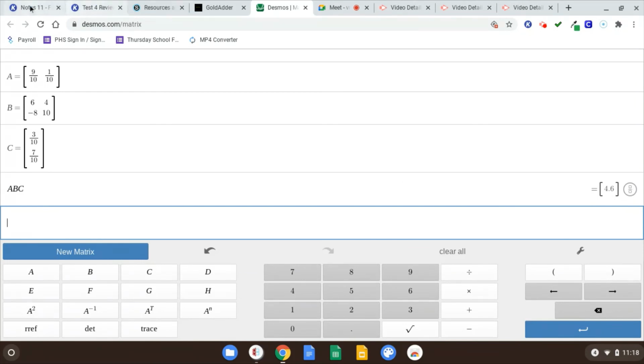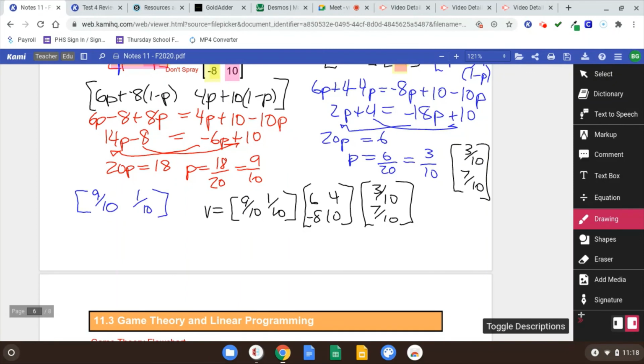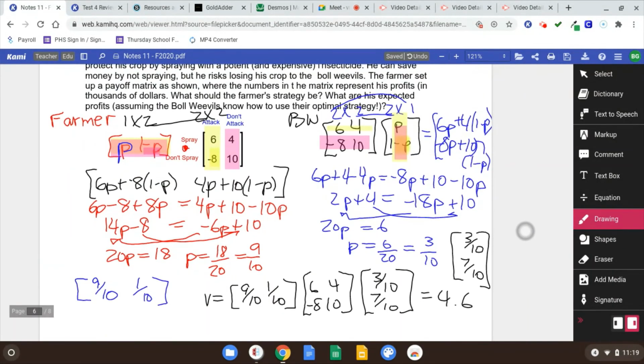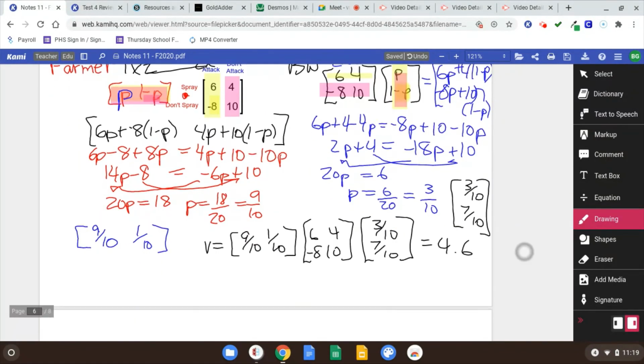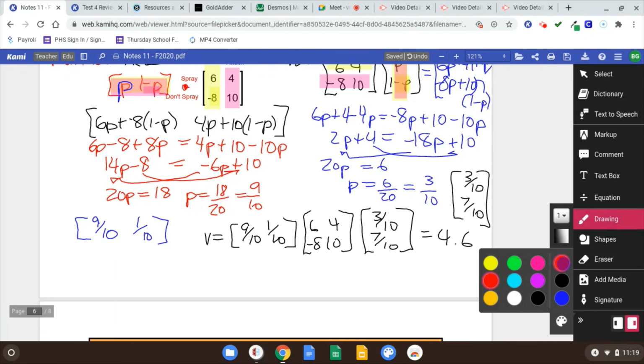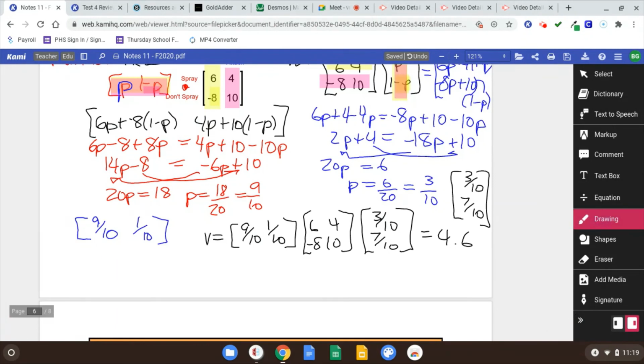That's the value. All right, so make sure you answer the question. The question was, what's the farmer's strategy? Farmer's strategy is spray 9/10 of the time and don't spray 1/10 of the time.